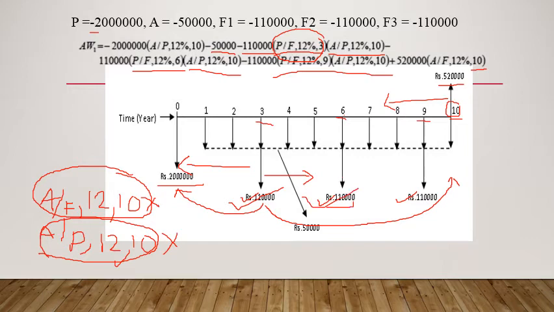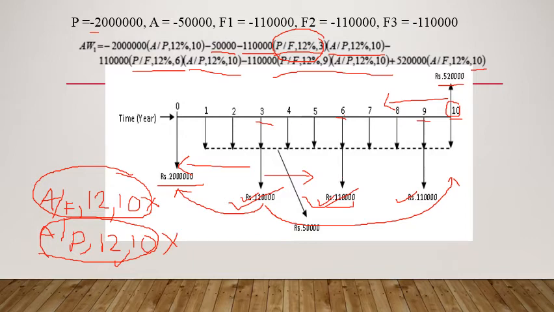The third 1,10,000, where is it? It is also in the middle, at t is equal to 9, which is not at the end. So what do I need to do? Again I will convert that into P at t is equal to 0 and then use the factor A by P, or I can use F by P comma 12 comma 1 and then A by F comma 12 comma 10.